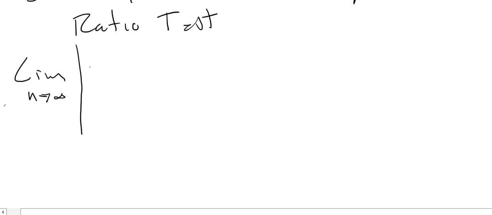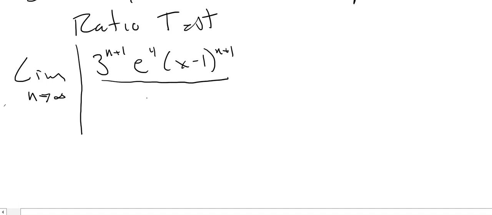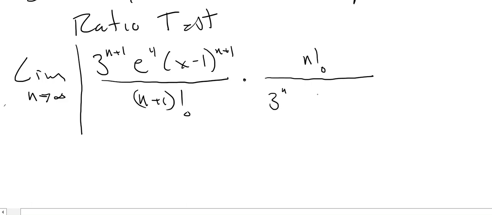So a sub n plus 1 would be 3 to the n plus 1 e to the 4th x minus 1 to the n plus 1 over n plus 1 factorial. And then instead of dividing by a sub n, we will, as always, multiply by its reciprocal, which will be n factorial over 3 to the n e to the 4th and x minus 1 to the n.